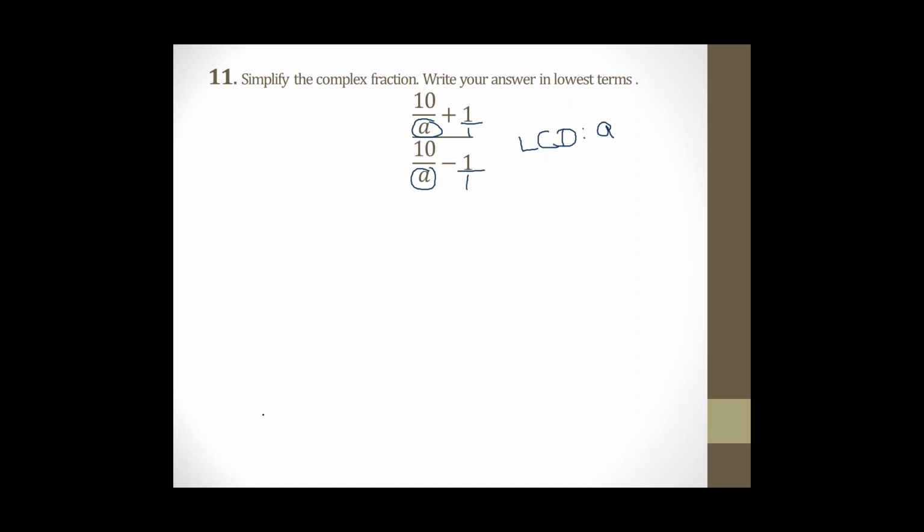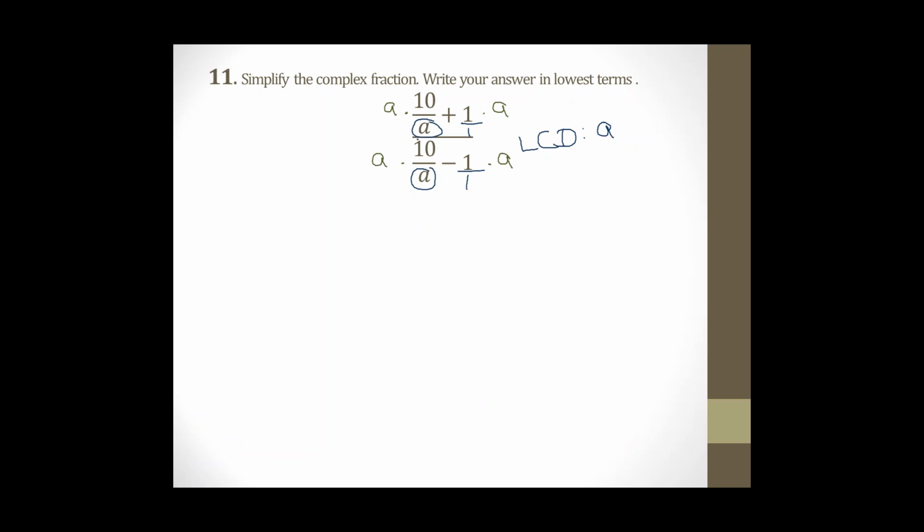Now we're going to multiply each individual fraction. I'm going to choose a different color for that, so I'm going to stress what I'm doing here. Let's pick green. Each individual fraction I'm going to multiply by the least common denominator. So multiplying this by a, by a, by a, and again by a.